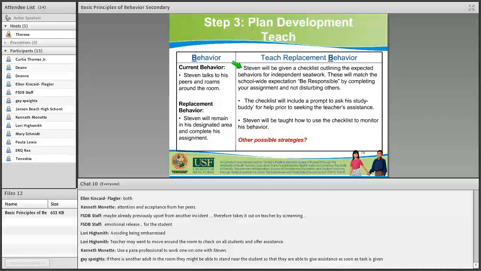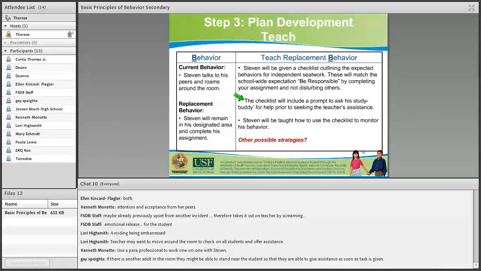Well, you can give him a checklist for starters, and the checklist will outline the expected behaviors during independent seat work time, and you're going to match those back to the school-wide expectation of be responsible. So the student has a way of generalizing that strategy and also generalizing what he's already learned about being responsible. The checklist will include a prompt to ask his study buddy for help prior to seeking the teacher's assistance.